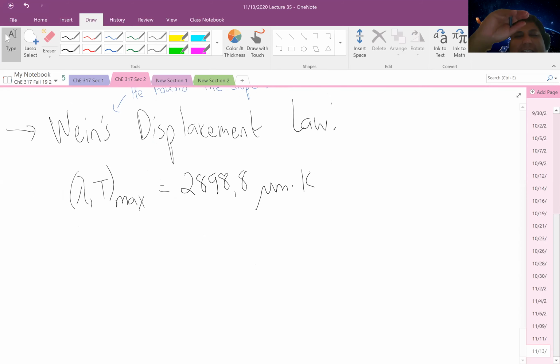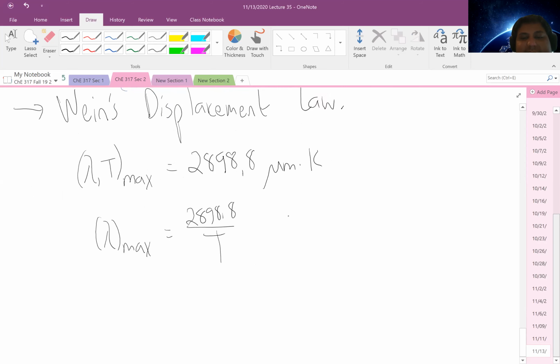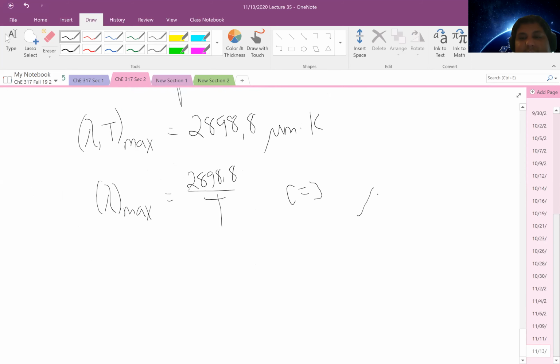Which means if I'm going to say, well, okay, what wavelength do we have a maximum of emission? I can say for that, lambda max, I just got to take 2898.8 divided by T. And that gives you your answer, of course, in microns.